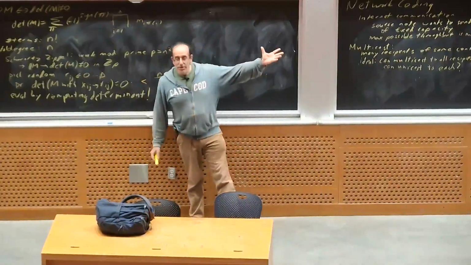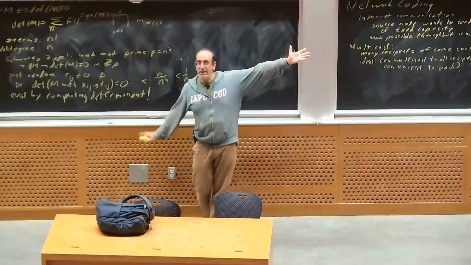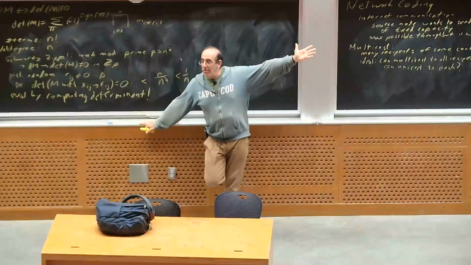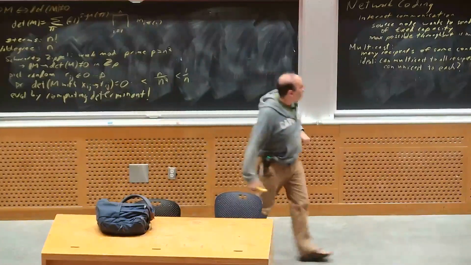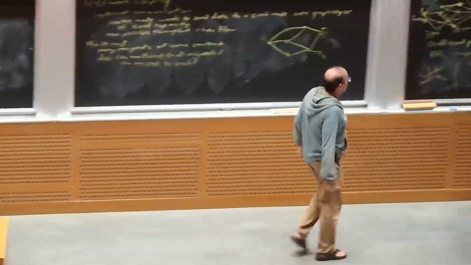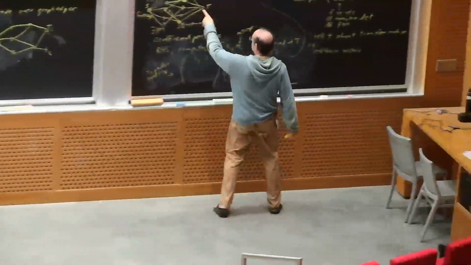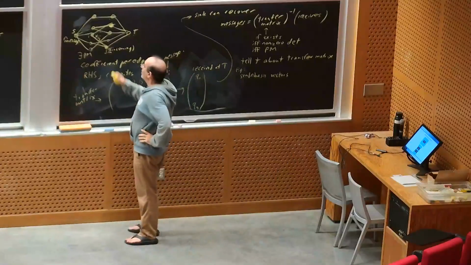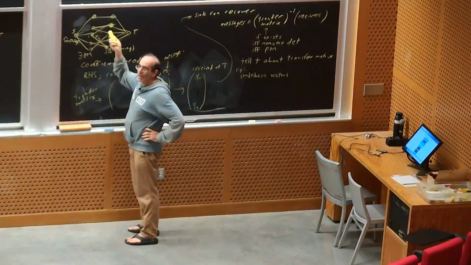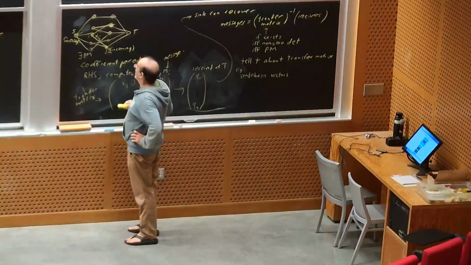Now, I've only demonstrated it to you for the specific case of a perfect matching network, but this actually works in arbitrary networks, okay? So I only told you about a single sink, right? But you can generalize this without even leaving the perfect matching story behind, right?